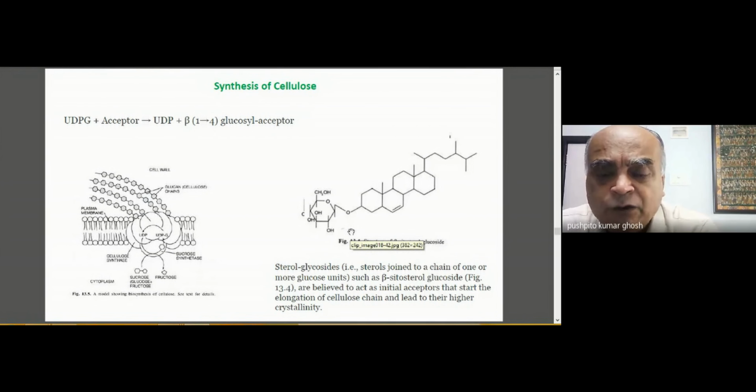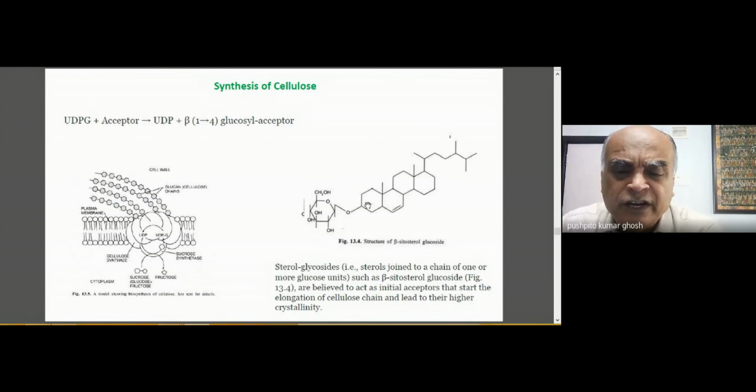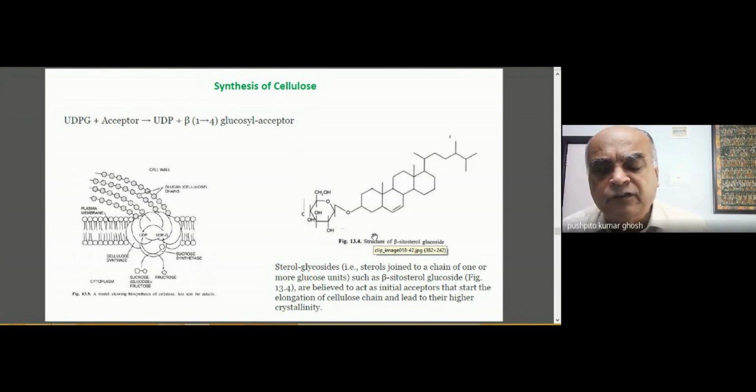Like if I have to hydrolyze with an acid or an alkali, those acid and alkali can't penetrate into the cellulose because it's so tightly bound. And that tight binding is coming because of its crystallinity and tremendous ordering, effected by the presence of the steroid molecules.